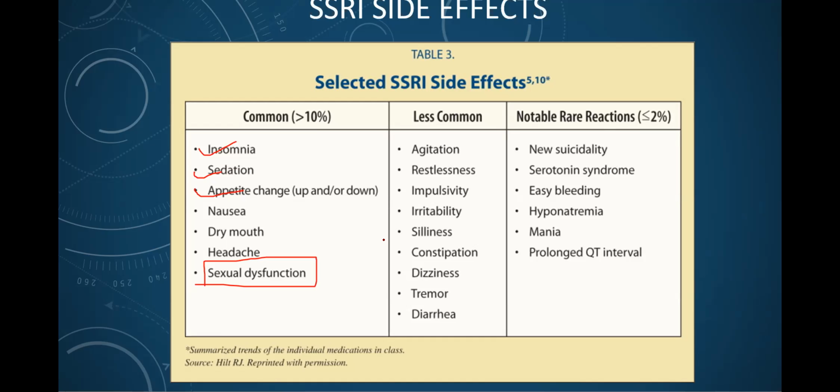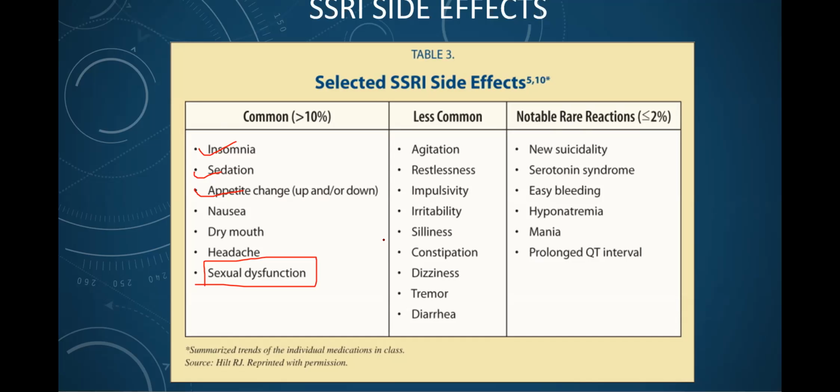The second option is to reduce the dose of the SSRI. That's mainly what we do. Sometimes a patient can be on 100 milligrams of sertraline, and the patient's mood is okay and depression is well controlled, but they are still having sexual dysfunction. What you can do is reduce that sertraline to 50 milligrams. That's usually the first approach that we would take.